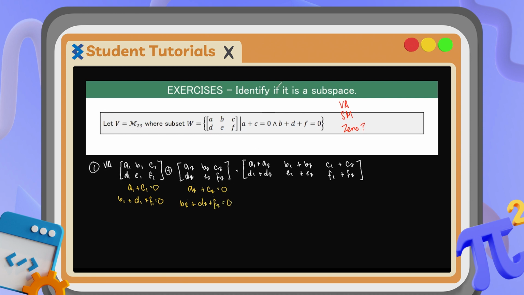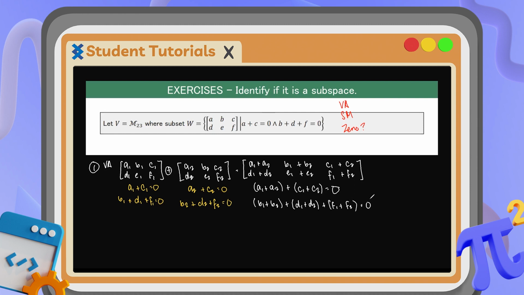And what we are expecting is that a sub 1 plus a sub 2 plus c sub 1 plus c sub 2 is equal to 0, and the other equation, b sub 1 plus b sub 2 plus d sub 1 plus d sub 2 plus f sub 1 plus f sub 2 is equal to 0.